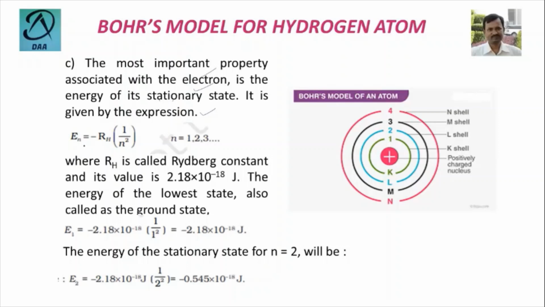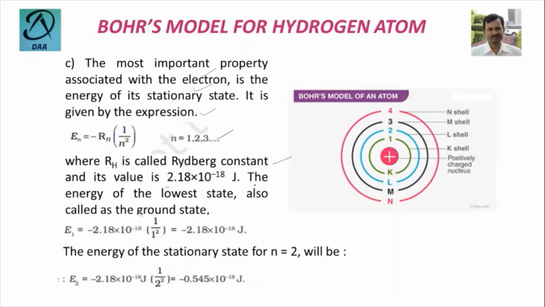So En is equal to minus RH multiplied by 1 by n square, where n is equal to 1, 2, 3. And this RH is called the Rydberg constant, and its value is 2.18 multiplied by 10 to the power minus 18 joule.